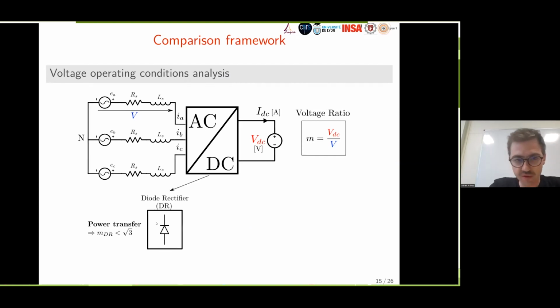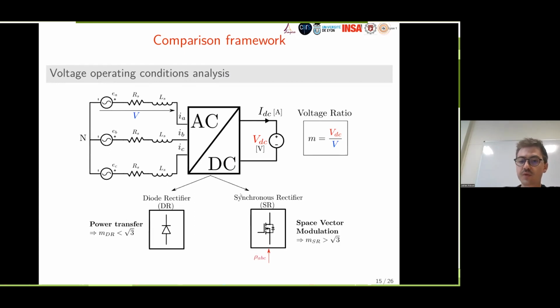For the diode rectification strategy, the power transfer can happen if this ratio is under the square root of 3. Otherwise, the diodes are not conducting.